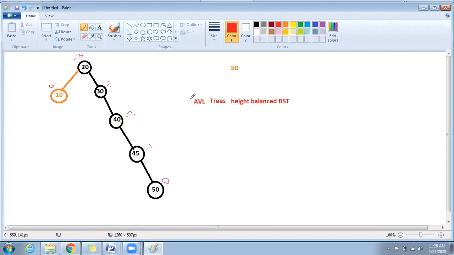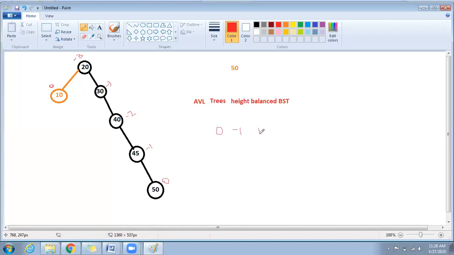But in AVL trees, the height balancing factor should be either 0, minus 1 or plus 1.